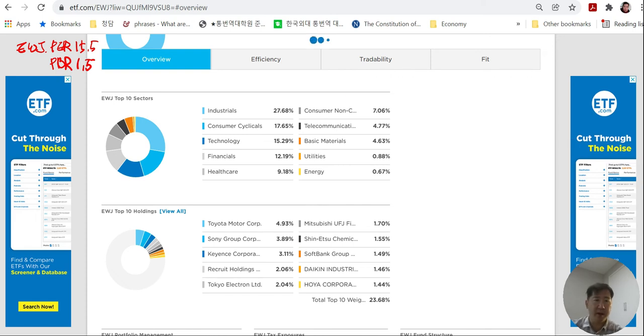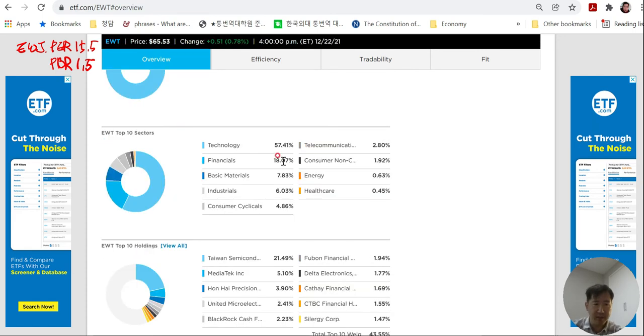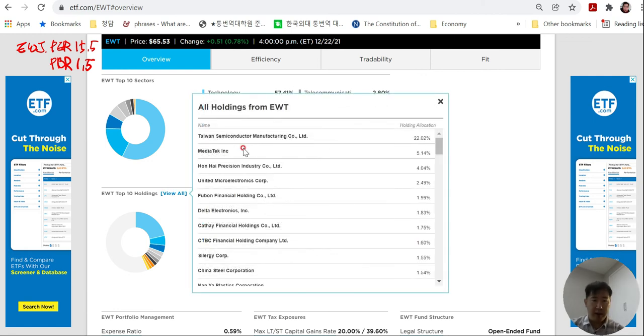All right, and then Taiwanese, EWT. Let's go through the constituents. They have TSMC, right? It's 22%. MediaTek, Hon Hai, you know Hon Hai, right?